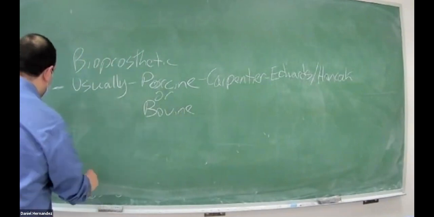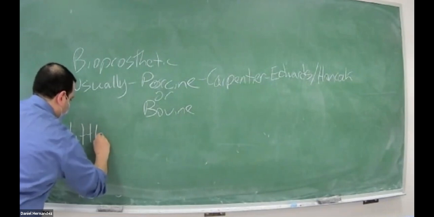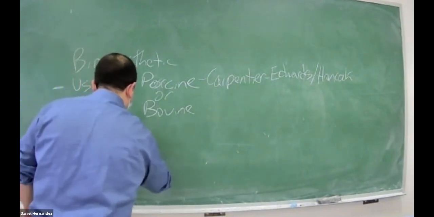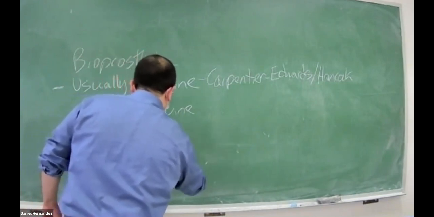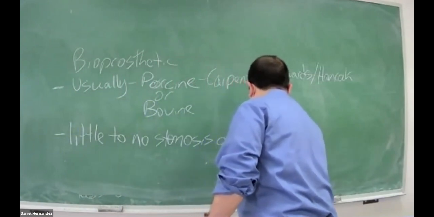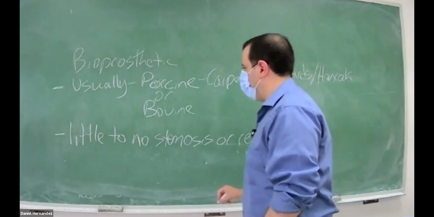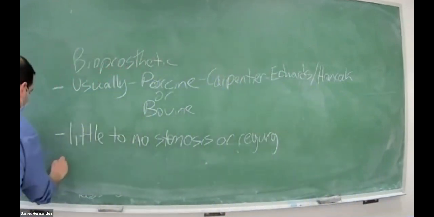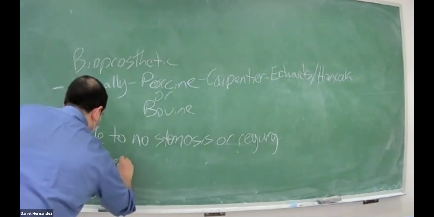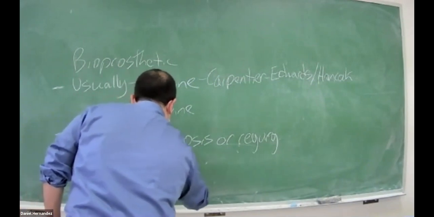With bioprosthetic valves, there's little to no stenosis or regurgitation, and they don't require anticoagulation.